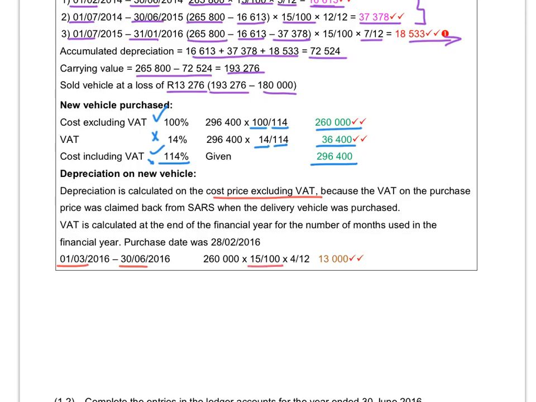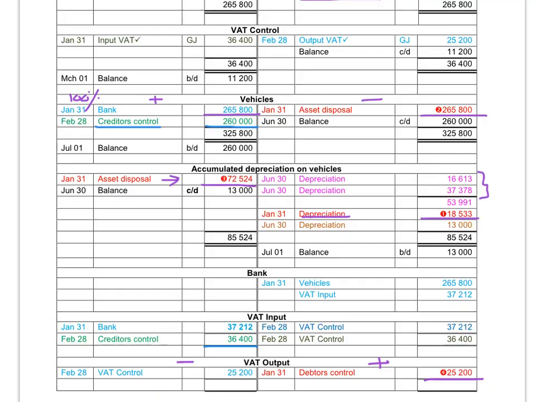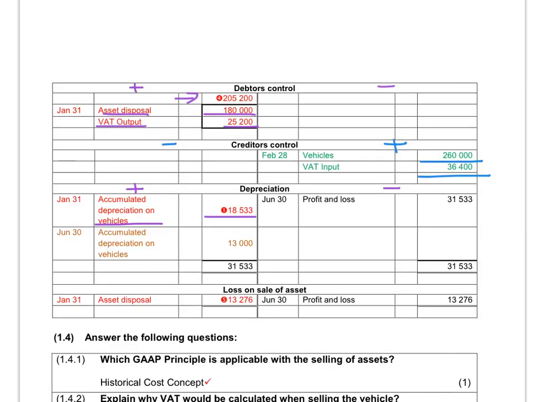We will calculate 15%, March, April, May, June, 4 months, and that will give me 13,000 rand. The accumulated depreciation account will be credited with 13,000 and we will debit depreciation with 13,000. In the depreciation account, we will show that accumulated depreciation was credited with the 13,000.